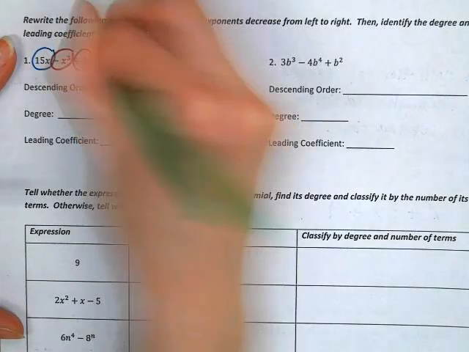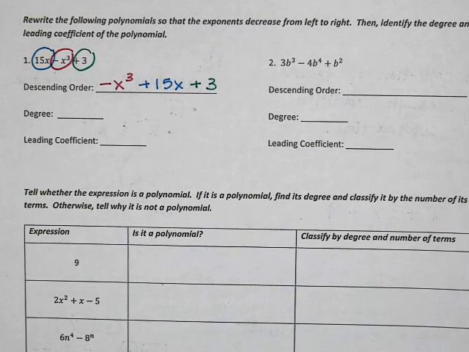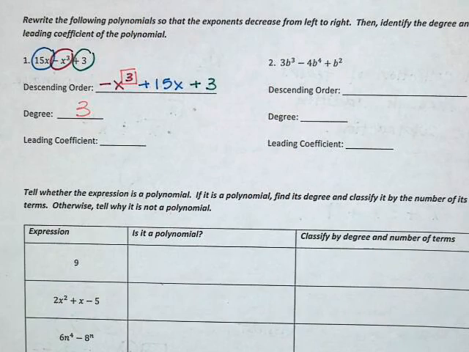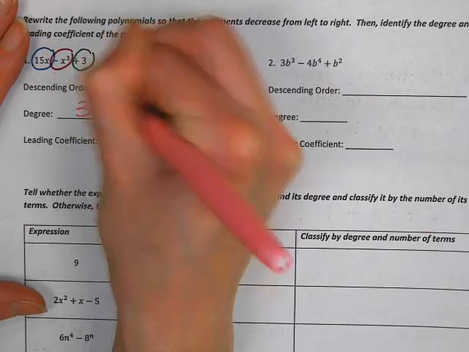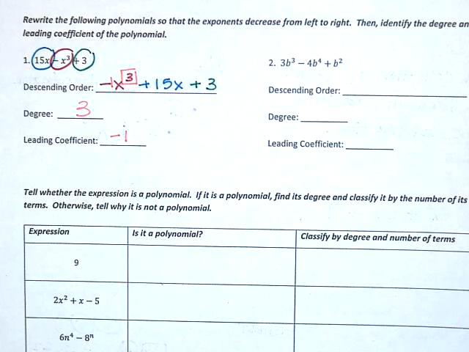That's in descending order. Now the degree. Remember, the degree is the highest exponent, the highest power, and that's going to be 3. And the leading coefficient is the very first number out front. Now, it's just a negative sign, but remember, that means a secret negative 1. So the leading coefficient is negative 1.